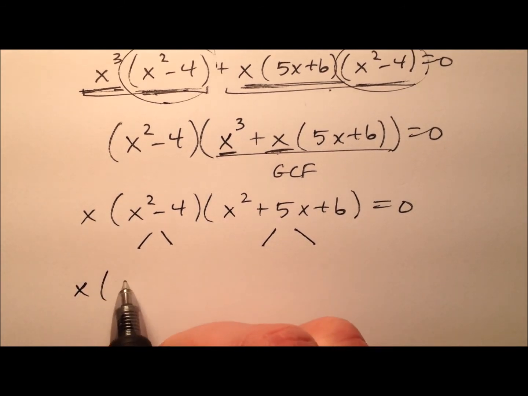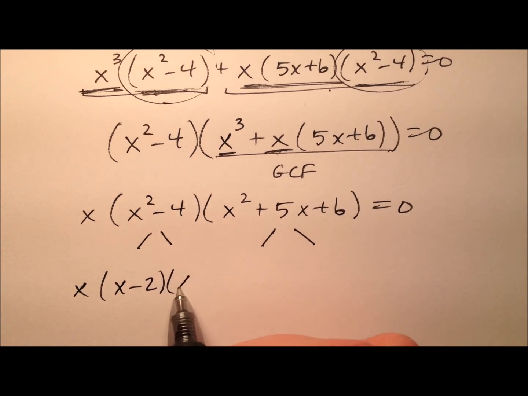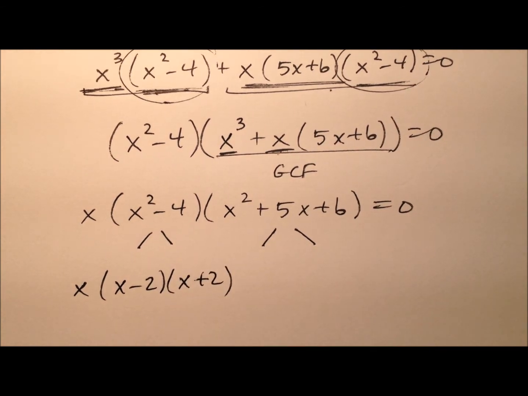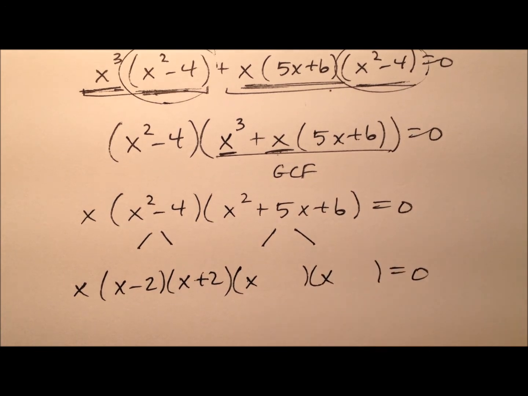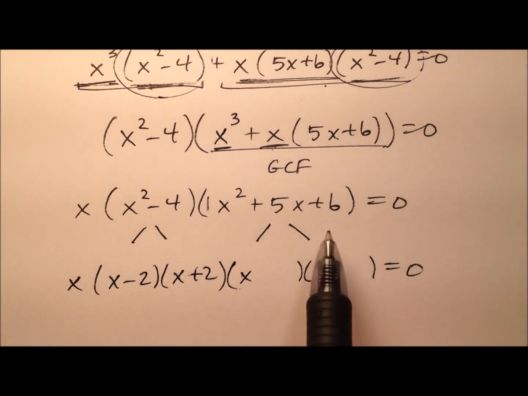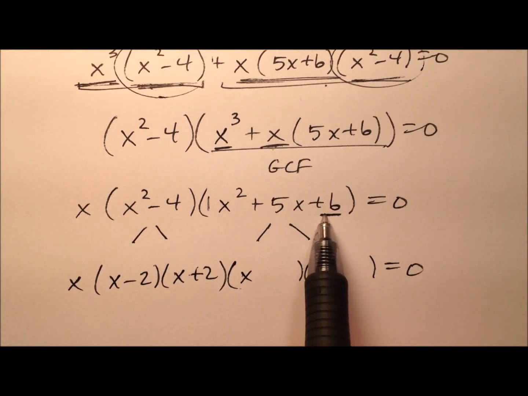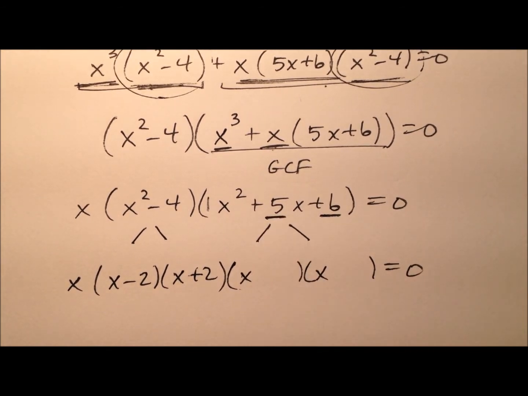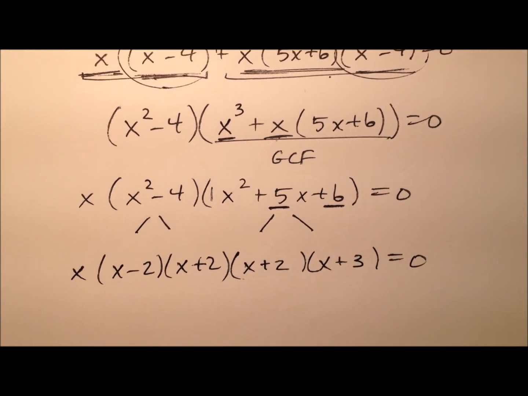So the difference of squares will give me an x minus 2 and an x plus 2. And this quadratic trinomial, I'll need to factor this way. The leading coefficient is 1, and that's really nice. So I need two numbers that multiply to positive 6 and add to positive 5, and that'll be a positive 2 and a positive 3.